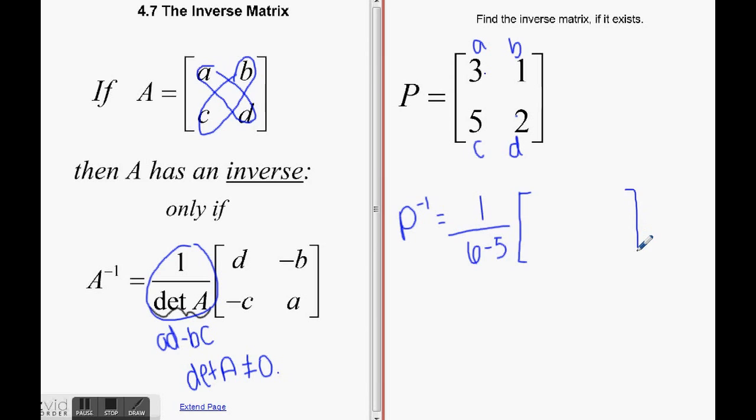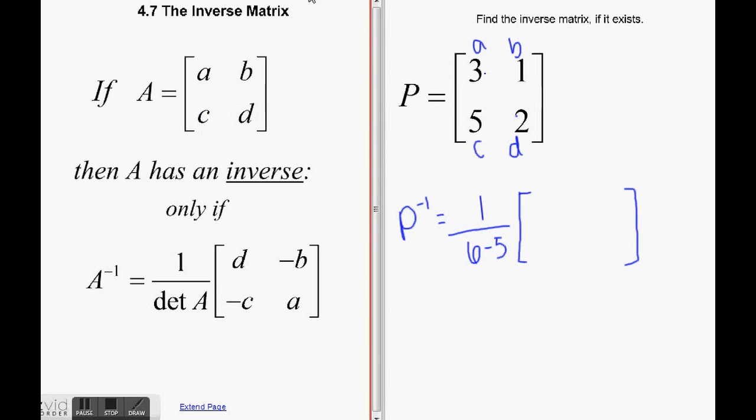I'm going to multiply this fraction, 1 over 6 minus 5, by a new 2 by 2 matrix. If you look at our formula, first we have the element d and the element a from the original matrix. All that we're going to do is reverse the values in the d and the a position.